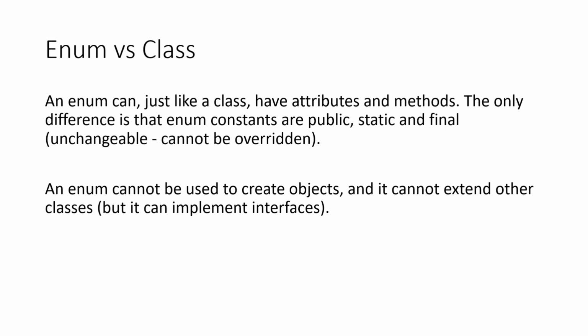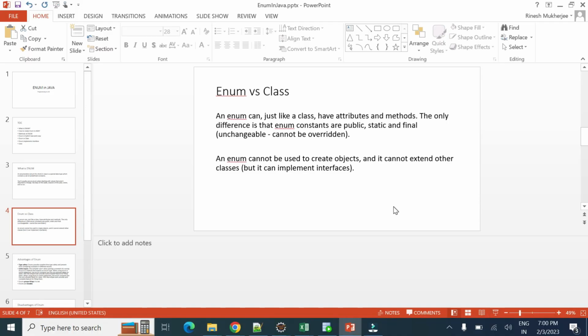So basically, if I want to identify when you should use a class and when you should use an enum: where we have a fixed set of data, like a week, we know that there are 7 days in a week, Monday, Tuesday, Wednesday, there we should use an enum.